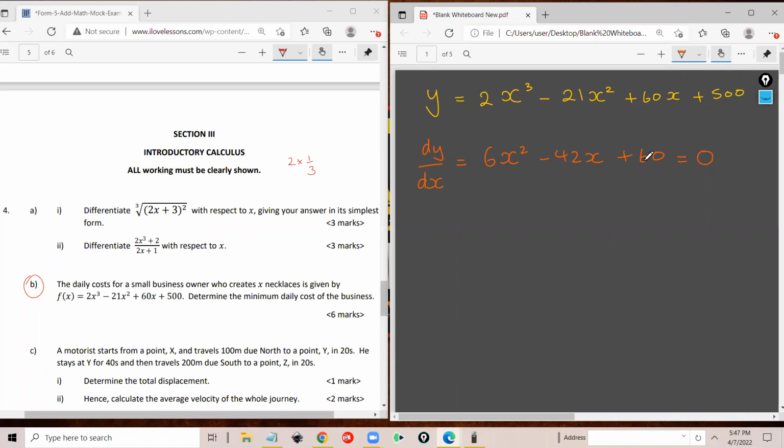But the thing about it, when we get those two values for x, we don't know which one creates a maximum and we don't know which one creates a minimum. All we know is it could either be a maximum or a minimum. To sort that out, we will have to differentiate one more time. But at least solve this quadratic for me, right? And let me know what you get for your two values of x.